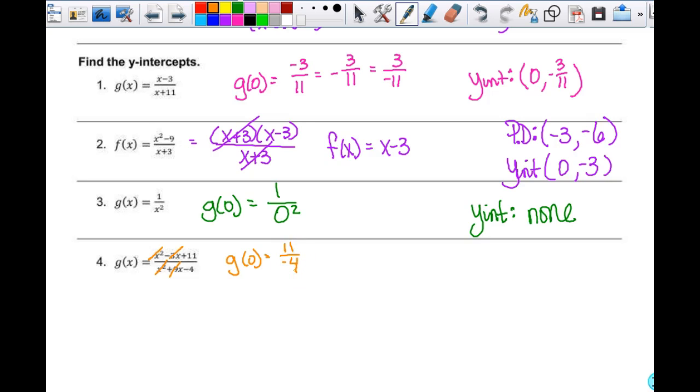Do you see how it's easy to just look at that and know what it is? I mean, you might have to reduce, but all you're looking at is the constants. Yeah, because 0 just goes away. So your y-intercept then is 0, negative 11 over 4.